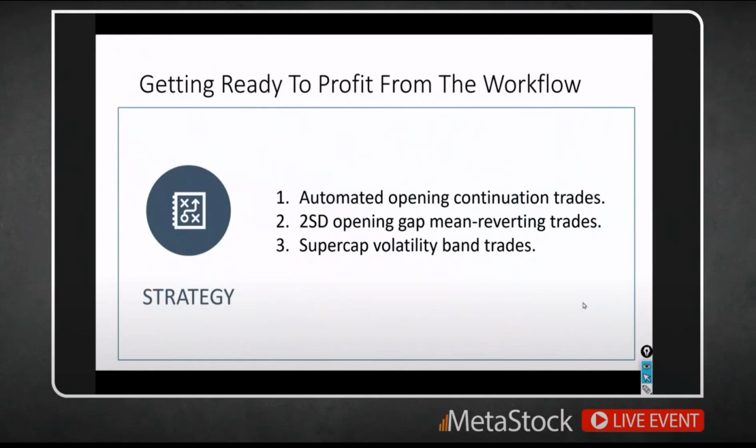And that's the one that I'm going to talk about here in a second, is how do you go through and identify where that order flow is going to be and capitalize on it over the course of the day.